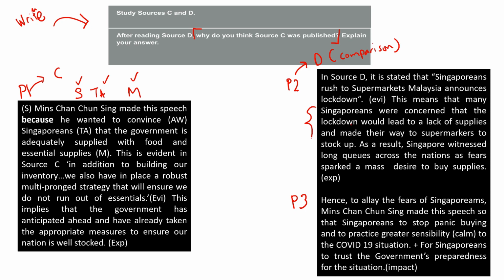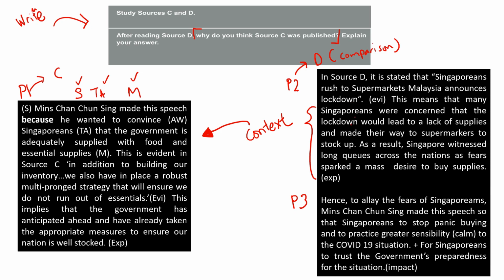What I'm doing here by explaining is I'm actually providing the context, okay, by which source C is being published. So take a moment now to just read what is here in this particular paragraph.